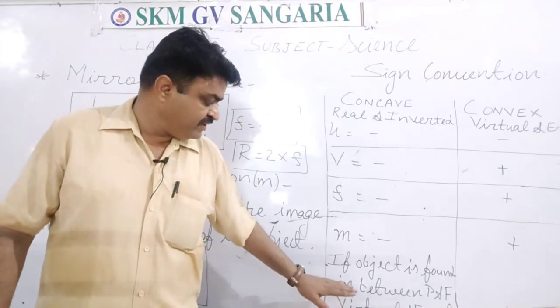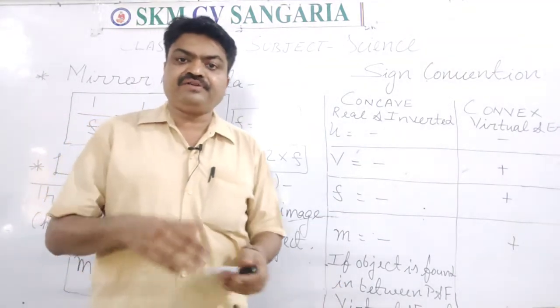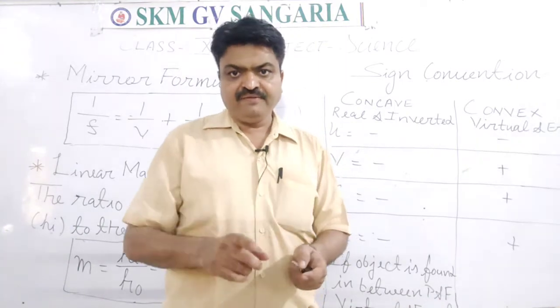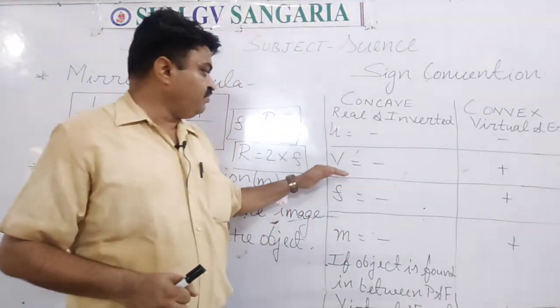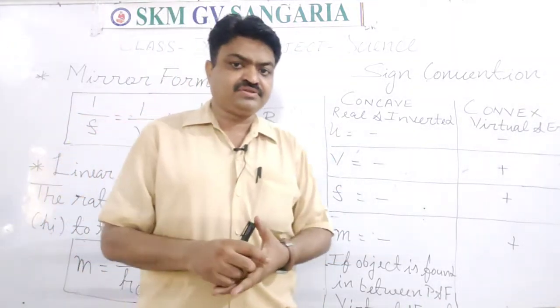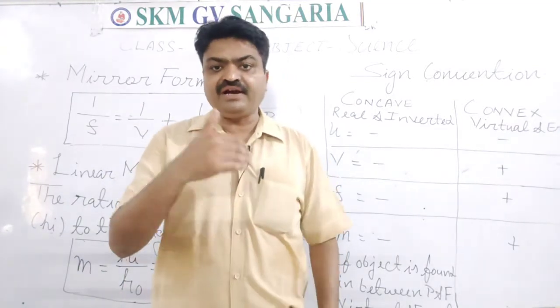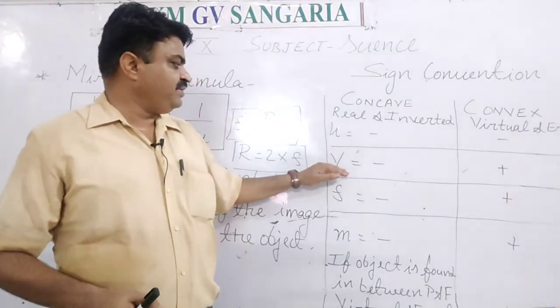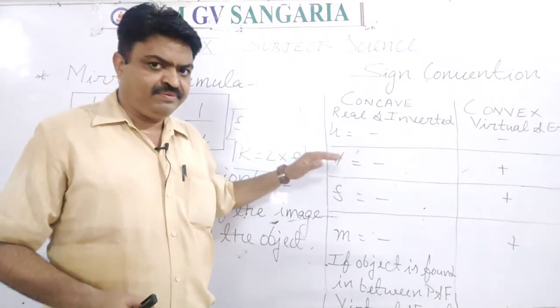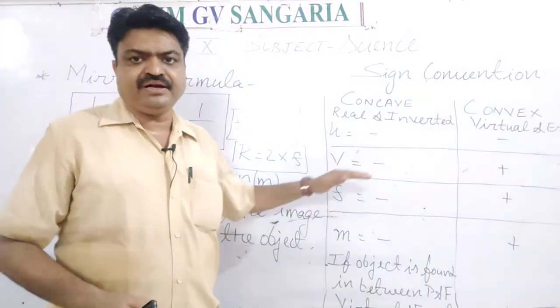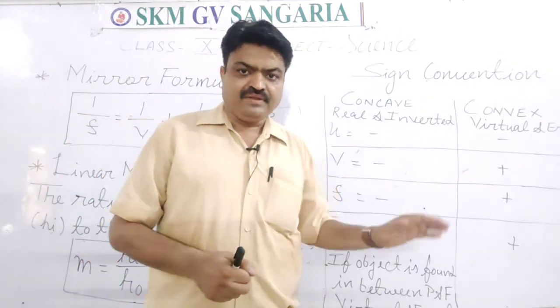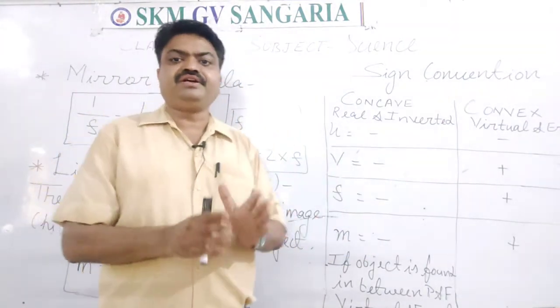That's why in this case, if the object is found in between P and F, which sign convention will you use, student? You will use the positive sign in that exception. Means V will be positive, and F will also be positive. And with the help of that you can easily solve.